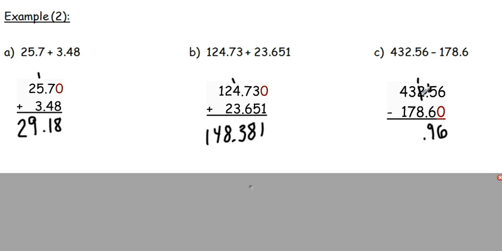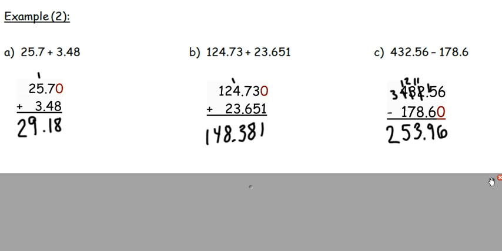Bring down your decimal. Again, you can't do 1 subtract 8, so you need to borrow. 11 subtract 8 is 3. 2 subtract 7 you can't do, so you need to borrow. 12 subtract 7 is 5. And 3 subtract 1 is 2.